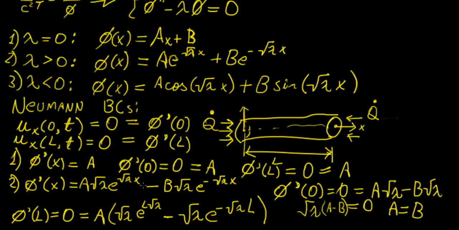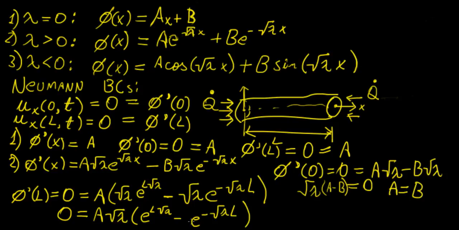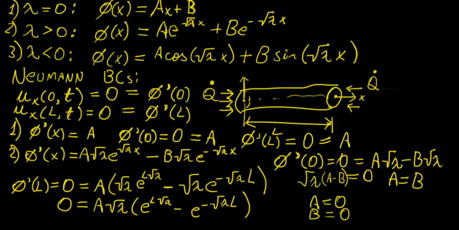So we have 0 here, a square root of lambda, and then these two exponential terms. Because neither lambda nor L has a value of 0, this particular difference is not going to be 0, which implies that the only solution is that A is equal to 0, and that means that B is also equal to 0, so the whole solution is going to go to 0. So we cannot use that, and we have to discard this solution as well.